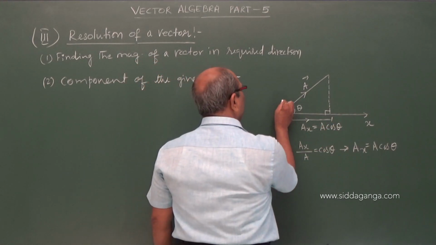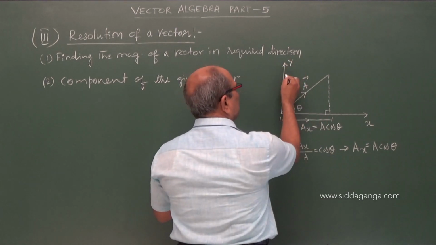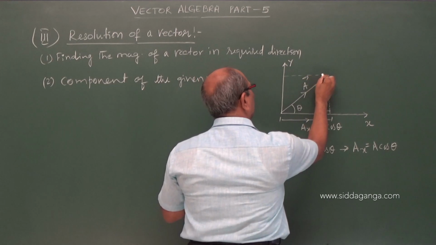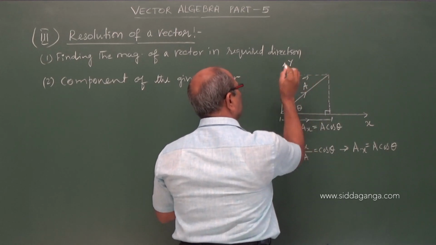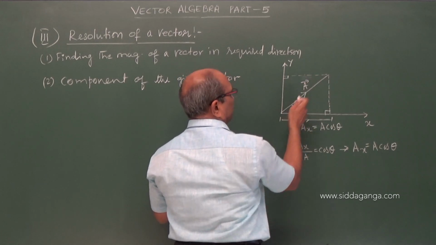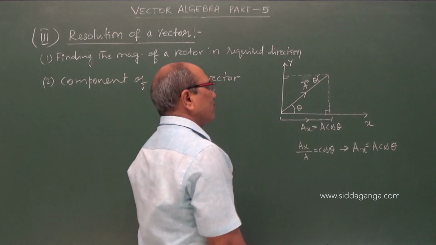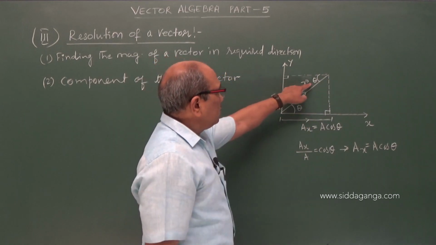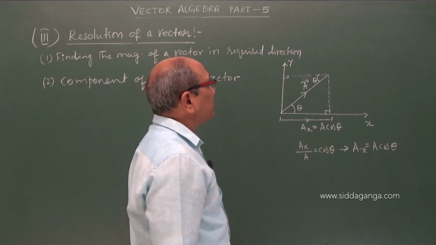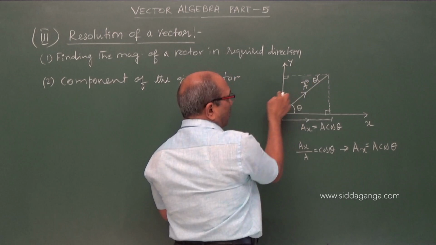If I want along the y direction, I can similarly drop the normal to this point. Alternate angles, you know these two. This is also theta. Now for this theta, alternate angles, theta opposite.